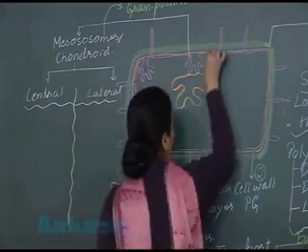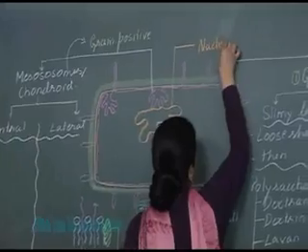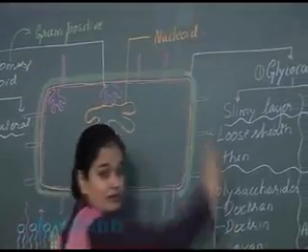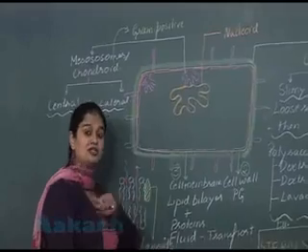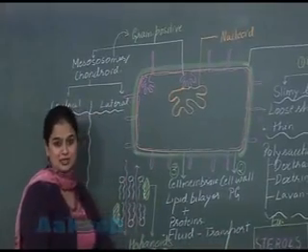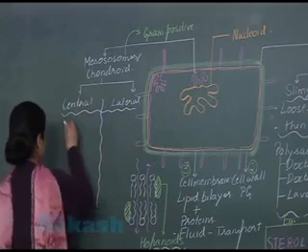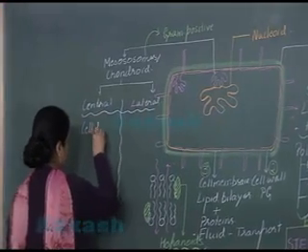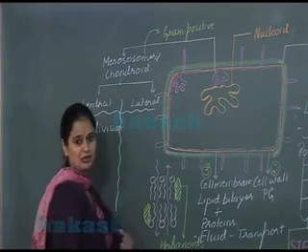We have already discussed this primitive nucleus. It is known as nucleoid, right? Now the function of the central mesosome is that they help in cell division.